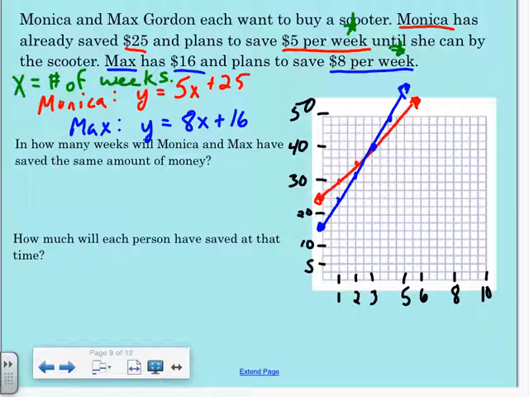So now what I would do, I would go like this. This is 3. All right, so I go up from 3, and it looks like it's about 40.